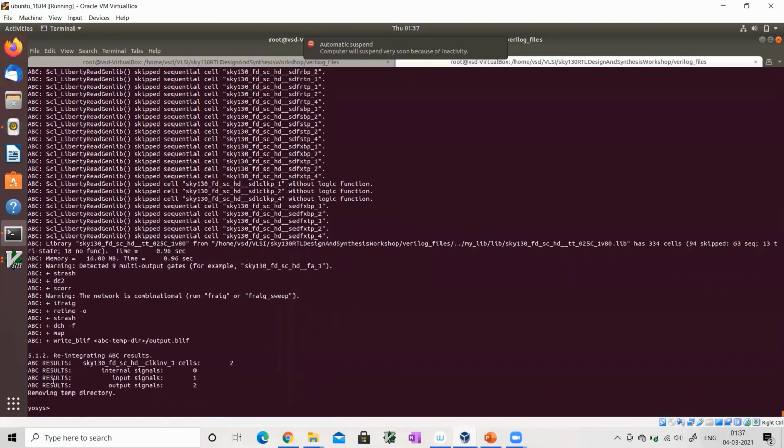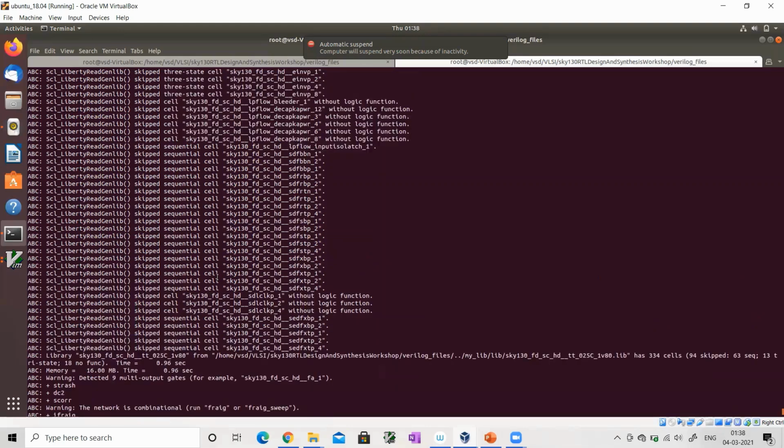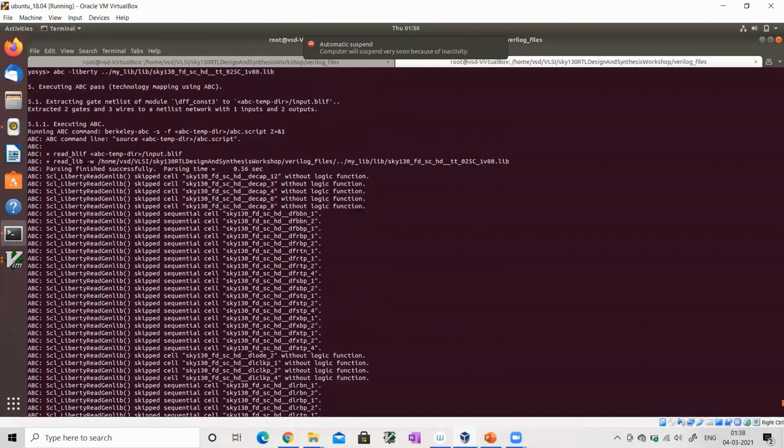So you can see it has mapped. It has used the inverter cells, 2 inverter cells, and if you scroll above, you can see it would have used the flop also.